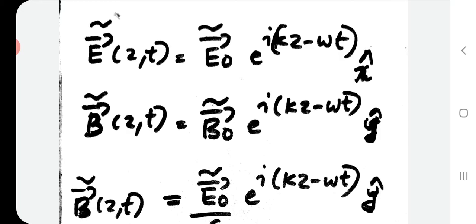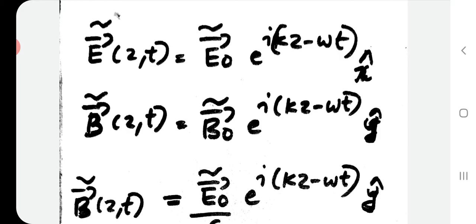So at a point z, at a time t, the complex electric field is given by E0, the complex amplitude, times exponential i(kz minus omega t), times the unit vector x, the direction of the electric field.